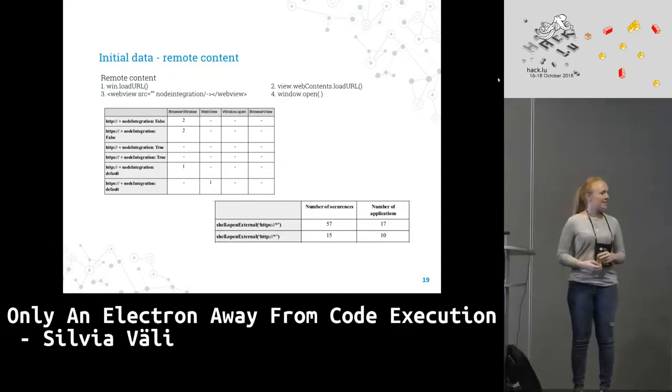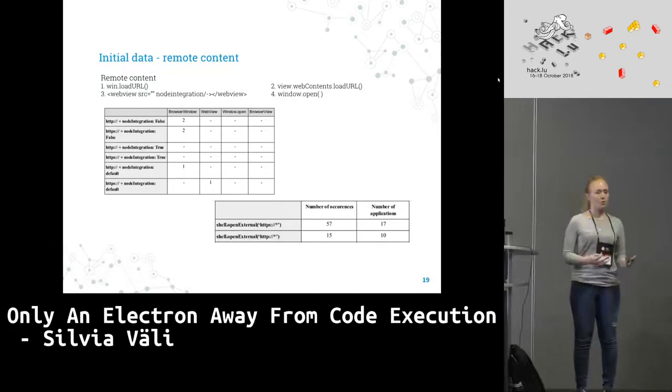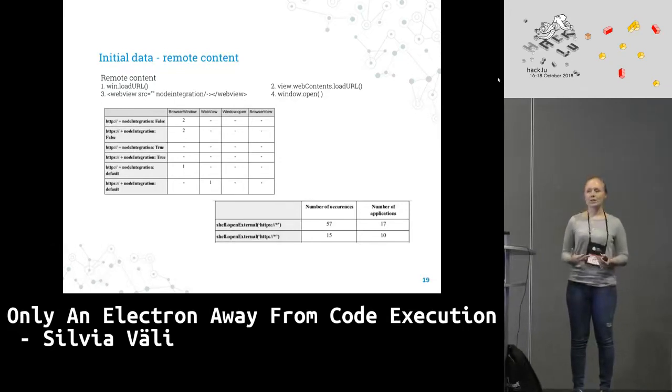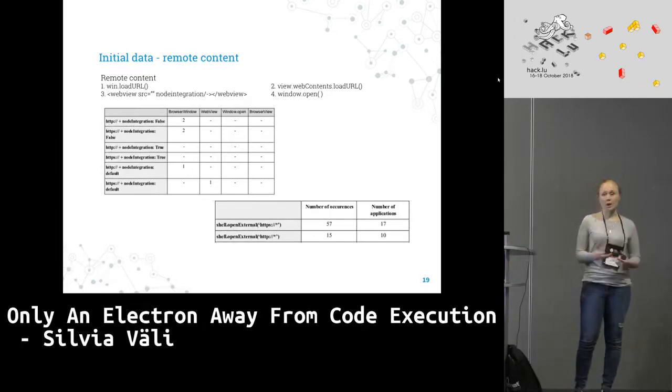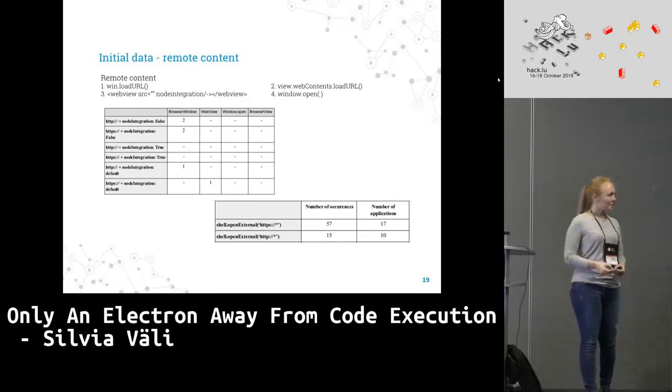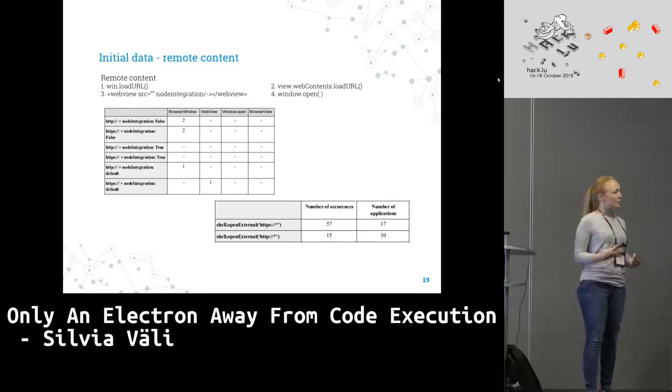Instead, they preferred a different approach. Whenever they were including any kind of remote content in their applications, they decided to use the shell open external method in order to open it within the user's default browser, whether it was Chrome or Firefox or anything else. So maybe they felt a bit safer, but who knows?